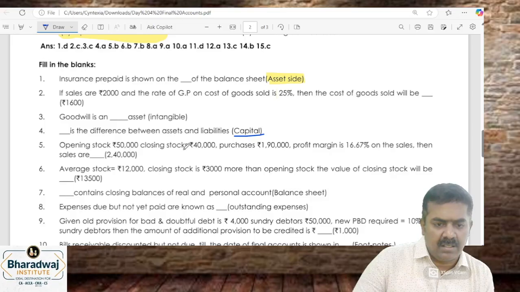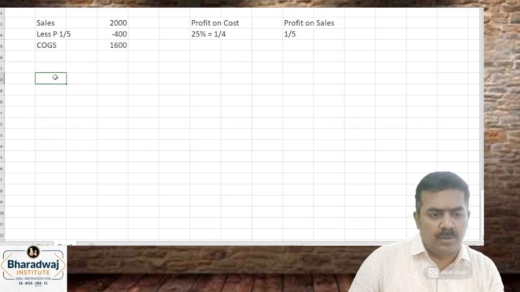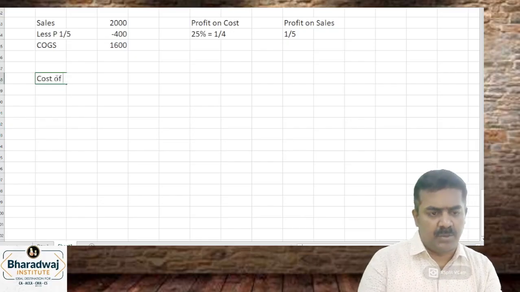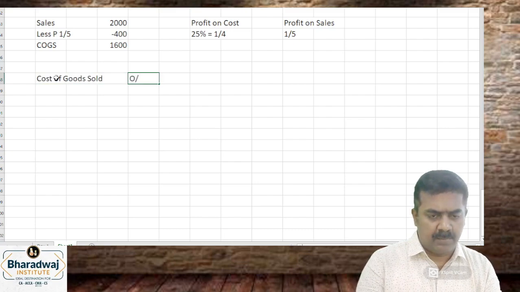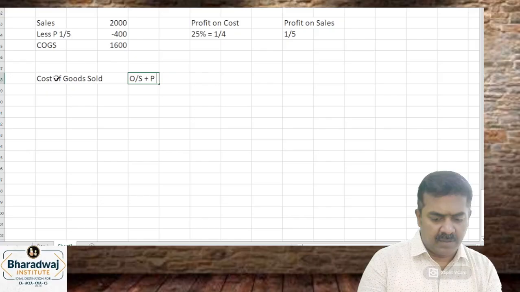Opening stock, closing stock and purchases are given. Profit margin is given, and they ask for sales. So first let us work out cost of goods sold. What is cost of goods sold? Opening stock plus purchases minus closing stock.